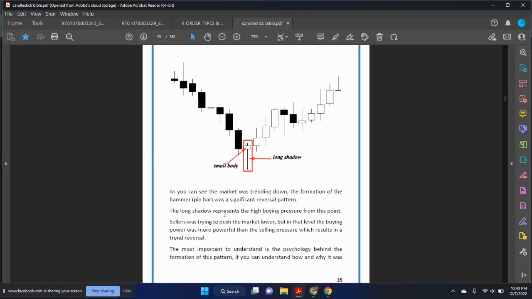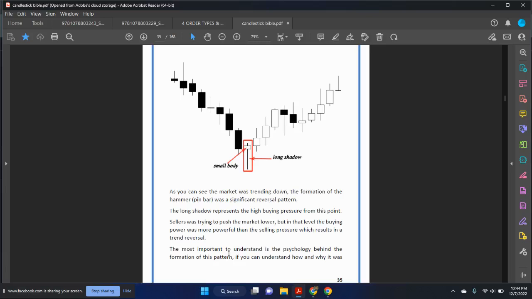And then it says here, based off what we see, as you can see, the market was trending down. The formation of the hammer and pin bar was a significant reversal pattern, and the long shadow represents the high buying pressure from this point. Sellers were trying to push the market lower, but at that level the buying power was more powerful than the selling pressure, which results in a trend reversal.